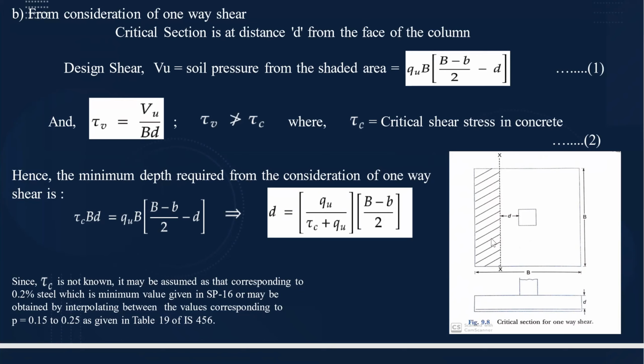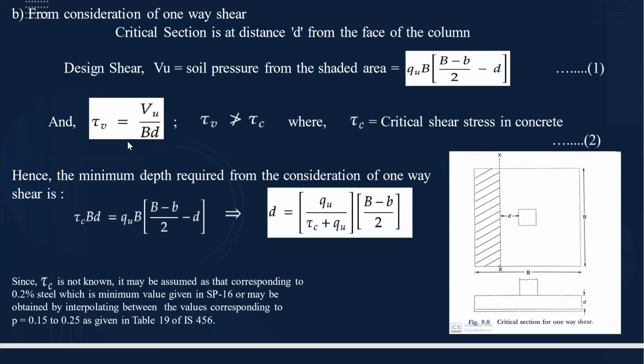This shaded area has soil reaction QU into B, into the width of the strip, which is B minus b by 2 minus d. Since we know that B minus b by 2 is the distance from the face of the column.